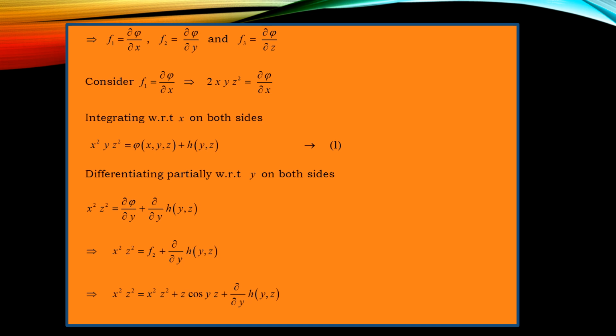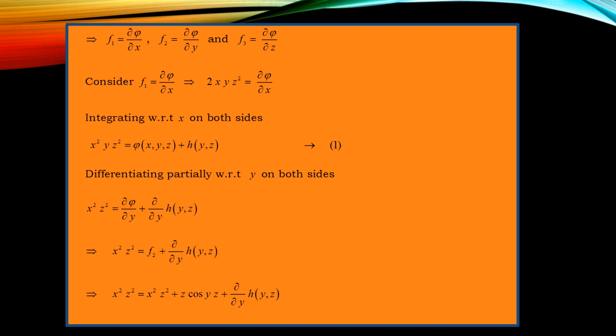Then we get f1 equals ∂phi/∂x, f2 equals ∂phi/∂y and f3 equals ∂phi/∂z. Thus, we have written the component functions f1, f2, f3 by using the scalar point function phi.